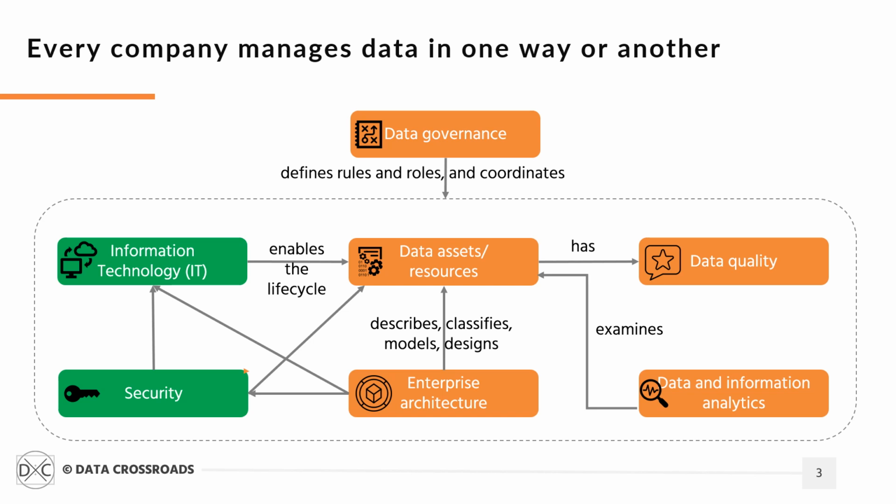Security enables the security of IT and data assets. Enterprise architecture also designs security. If data management and information technology are separate business functions, then data governance should coordinate the activities of these two functions. You see that I used orange and green colors for different blocks.